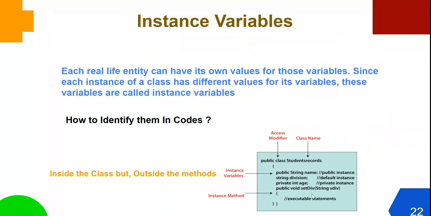Simply, in the template, they are the variables written inside the class and outside of any method. And the methods in the template are called instance methods. So instance variables and instance methods are the members of the template class.